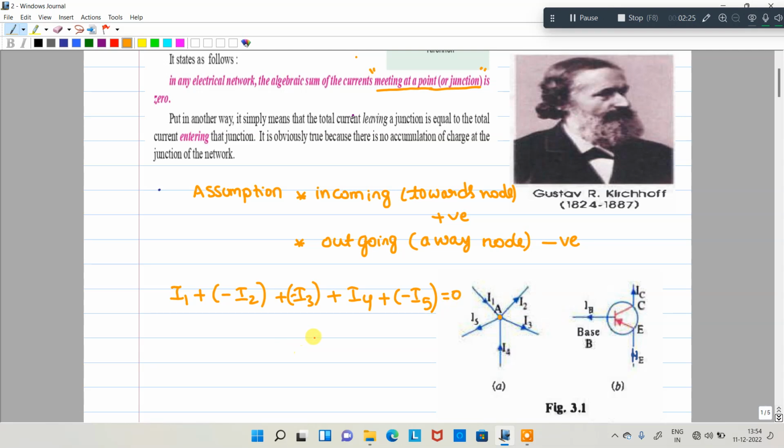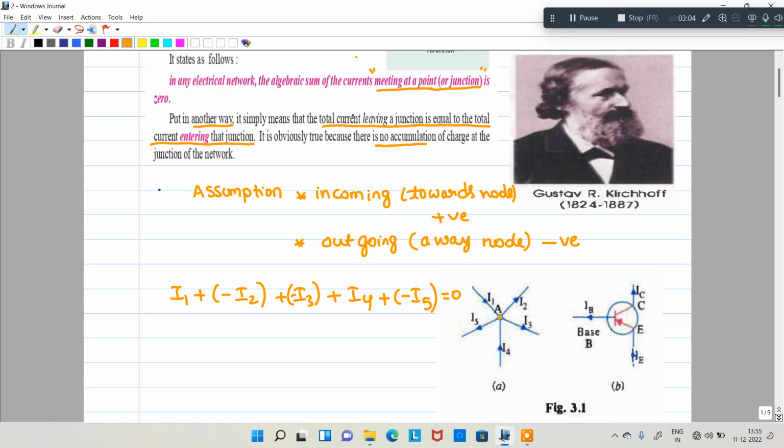This is the statement. Second, in another way, it simply means that the total current leaving a junction is equal to the total current entering that junction. This is obviously true because there is no accumulation of charge at the junction of a network.